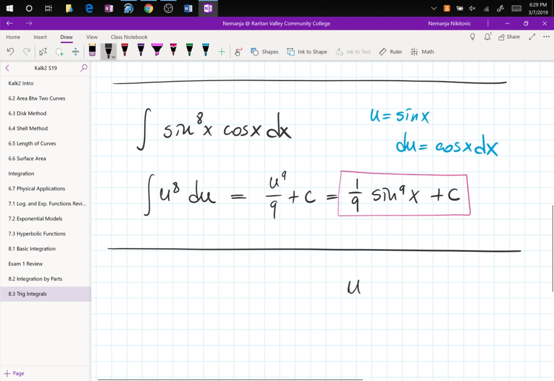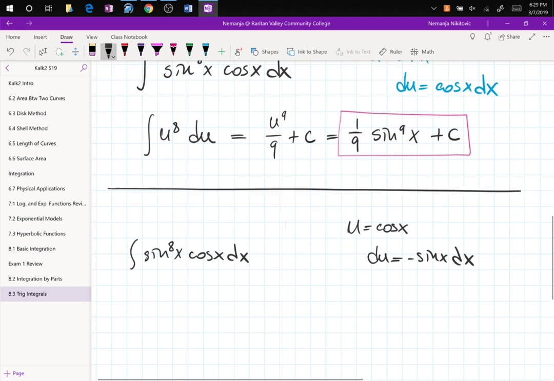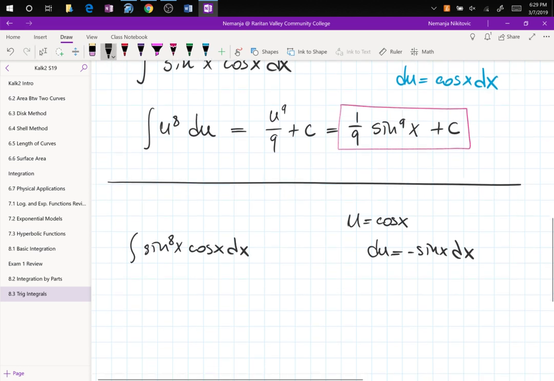So if you try u equals cosine x, and then du equals negative sine x dx, and you try to plug this in on sine 8x cosine x dx, you see that you need one sine combined with dx. So you have to peel it off, and you will get sine to the 7x.